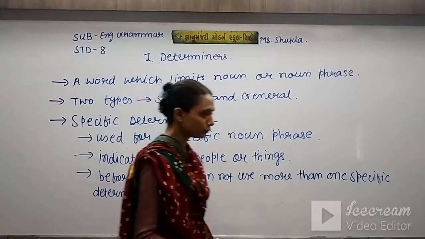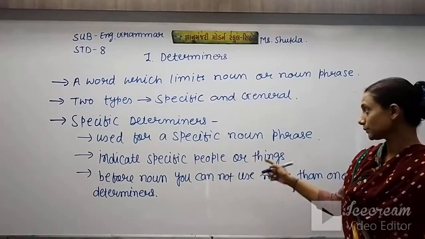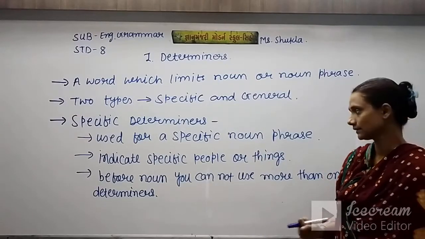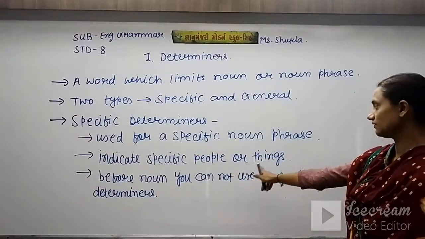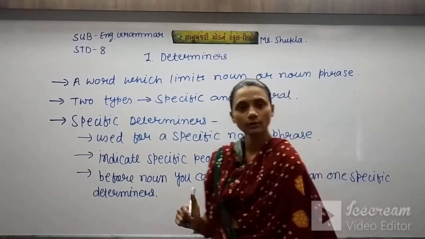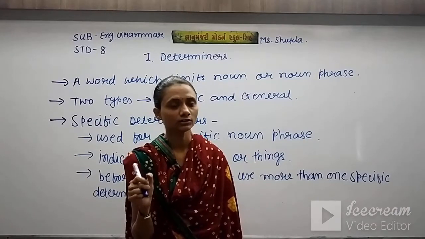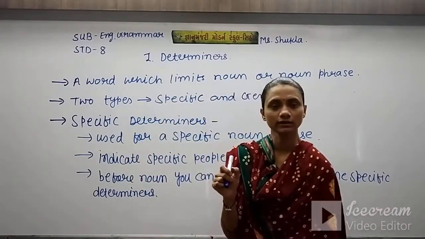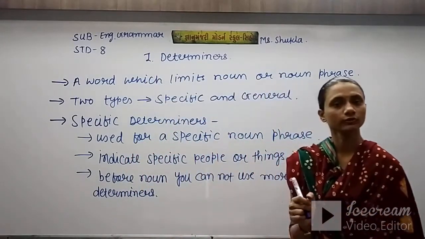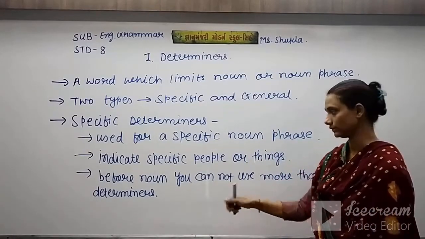So, these are the rules and uses of specific determiners. It is used for a specific noun phrase, to indicate specific people or things. It means if you are talking about any particular person or particular thing or particular name of any place, for that we need to use the specific determiners.